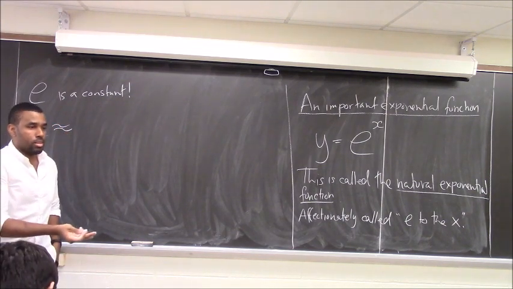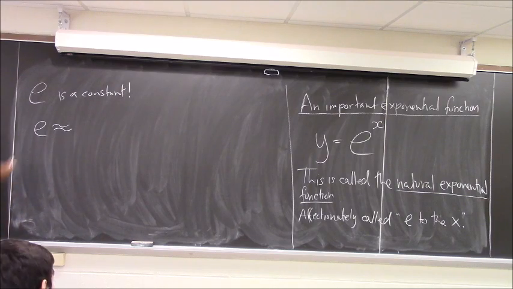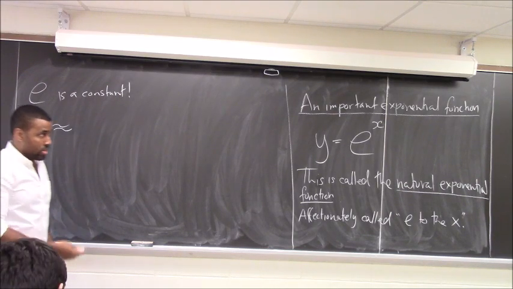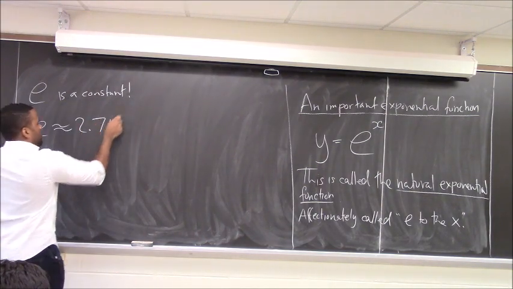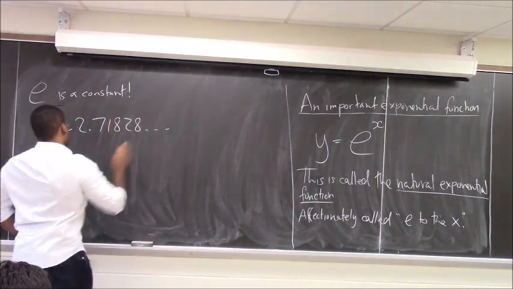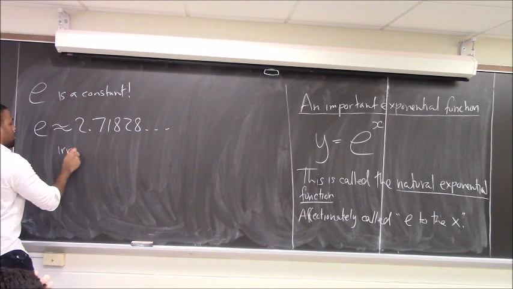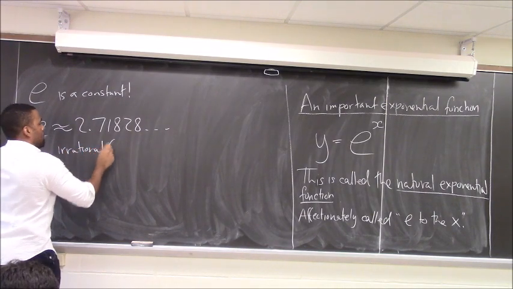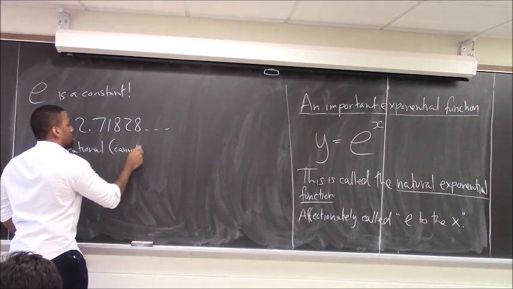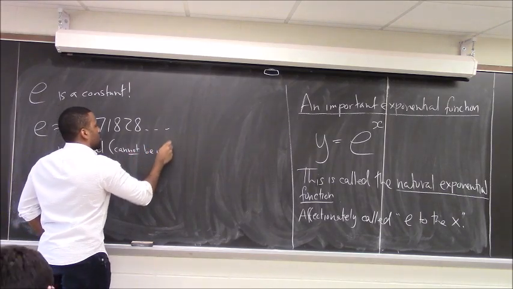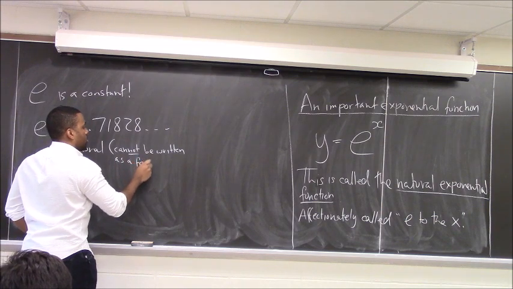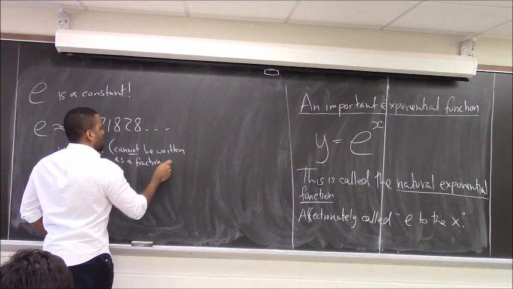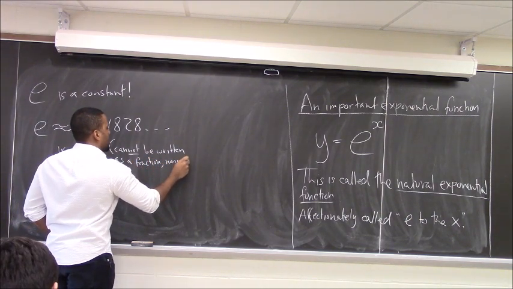So you know pi is a letter in the Greek alphabet. e is a letter in the English alphabet, but in mathematics, whenever it's in a mathematical expression, it actually means something. Its value is 2.71828, and so on. It is irrational, meaning it cannot be written as a fraction. And it's a non-repeating infinite decimal.